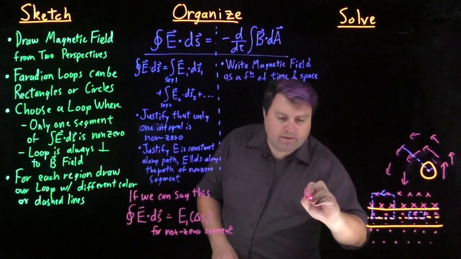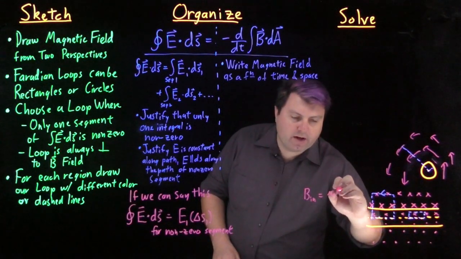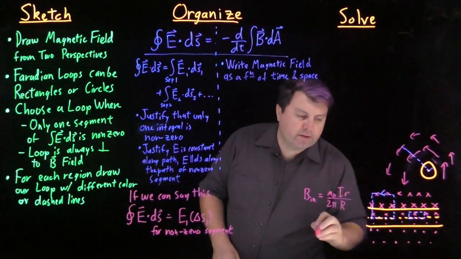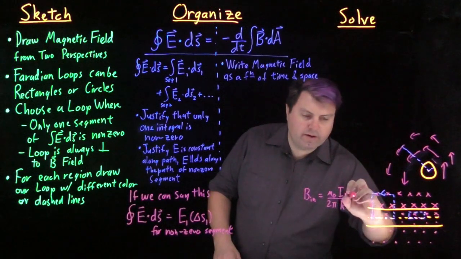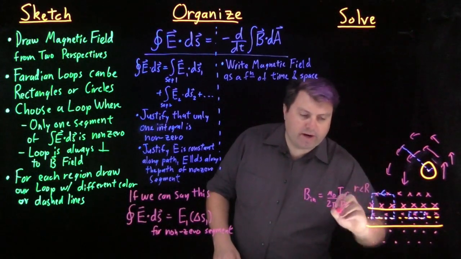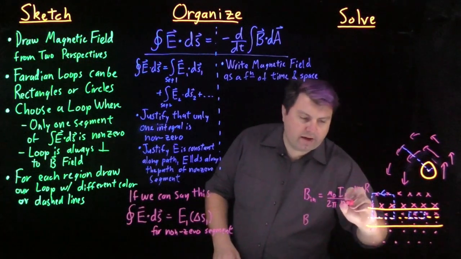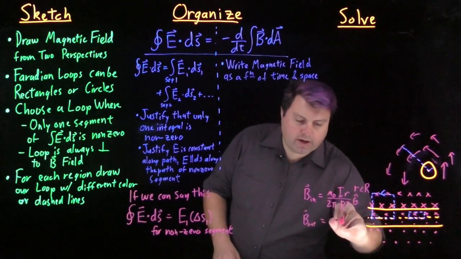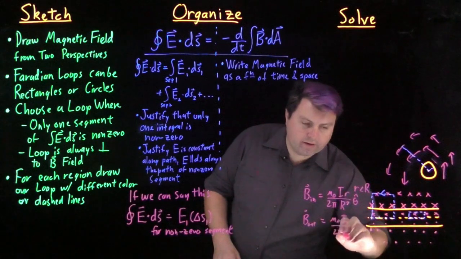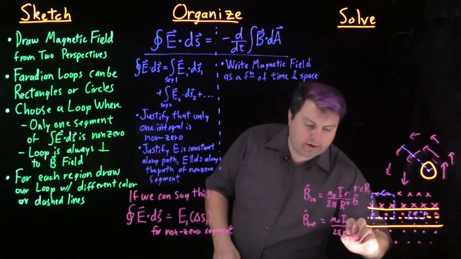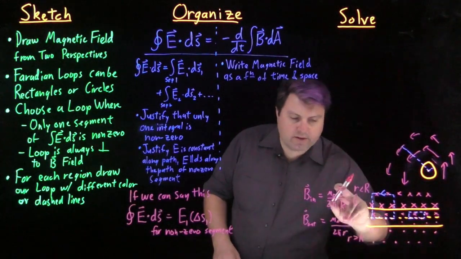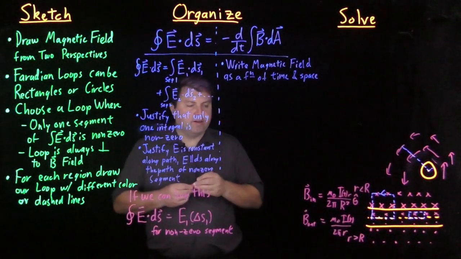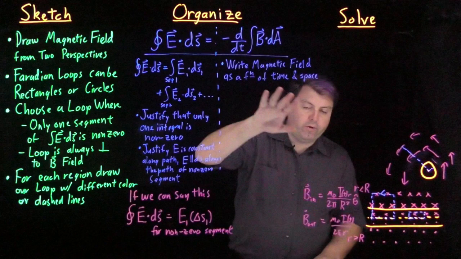So we have the magnetic field inside is mu naught I times a variable distance r over 2 pi R squared, where R is the radius of the cylinder, and this is for r less than R. And the magnetic field outside, theta hat, is going to be mu naught I over 2 pi r for r greater than capital R. But our current has to also be a function of time, because we have to take a derivative of it later. So we write our magnetic field like this.